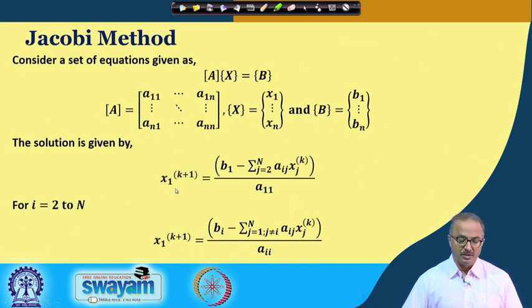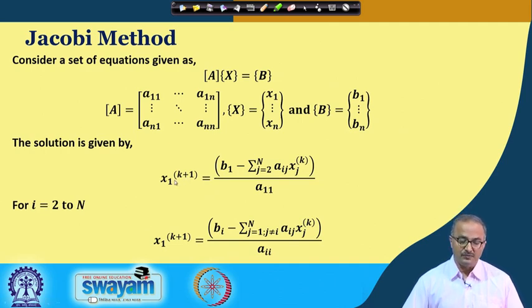So, for example, we want to find the value of x1 from the first equation. We write x1 is equal to b1 minus all the other terms which appear in the first equation, divided by a11. Okay. And you can see here that because none of the values are known, we have to start with some initial guess values and update the values of the x's.